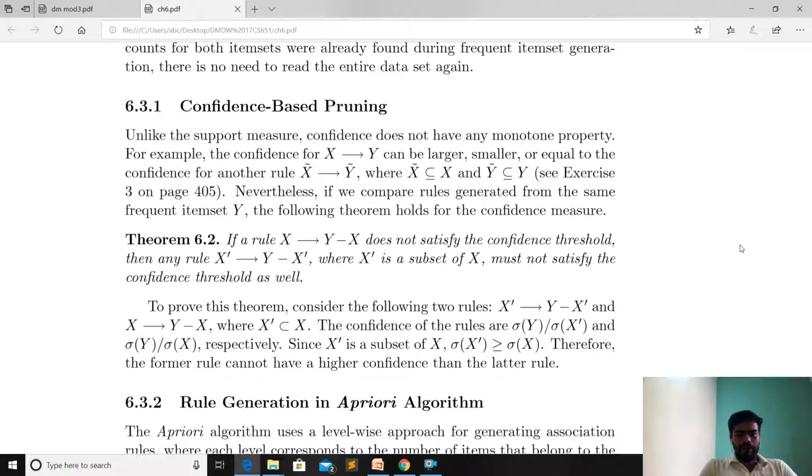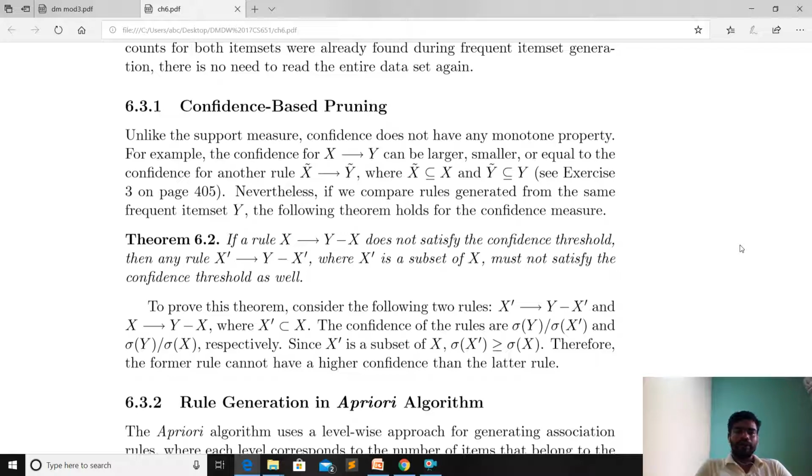Nevertheless, if we compare the rules generated from the same frequent item set, the following theorem holds for the confidence measure. What is the theorem? If a rule X implies Y minus X does not satisfy the confidence threshold, then X' implies Y minus X', where X' is a subset of X, must not satisfy the confidence threshold as well.